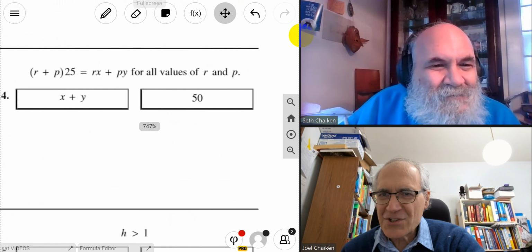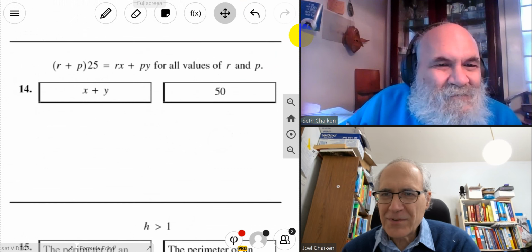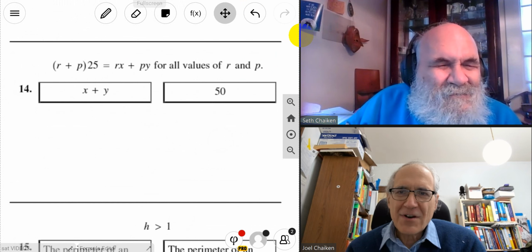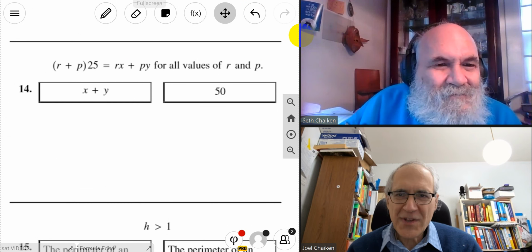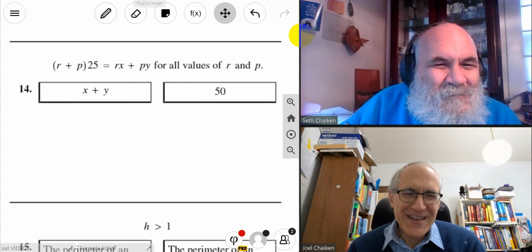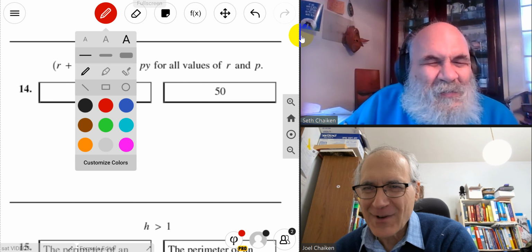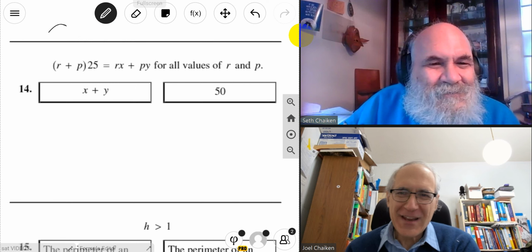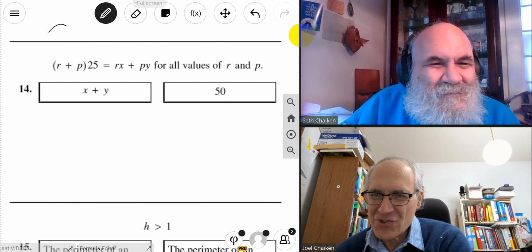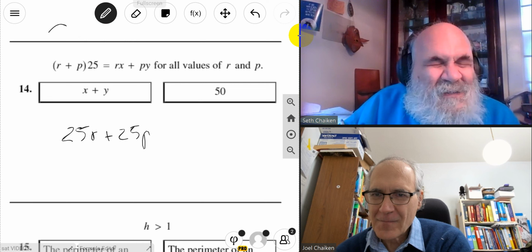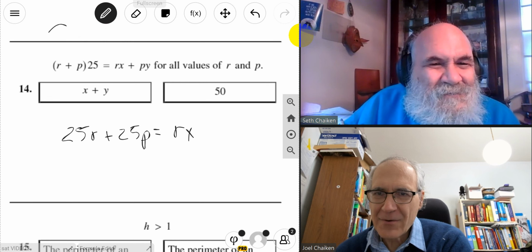This is the question. R plus P times 25 is Rx plus Py for all values of R and P. Even Seth, when you feed the Seth, says, holy smokes. Holy smokes is right. Look, can I just distribute, just because I feel like it? Oh, that looks good. Wait a second.